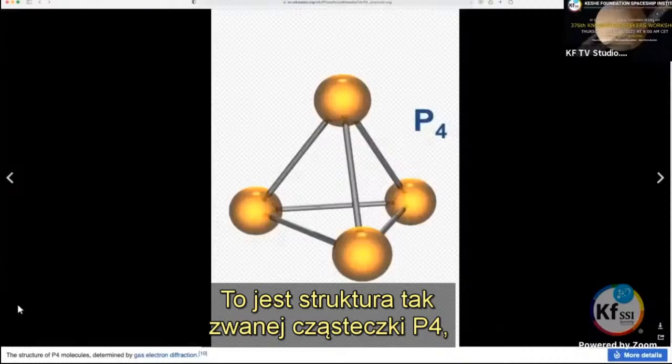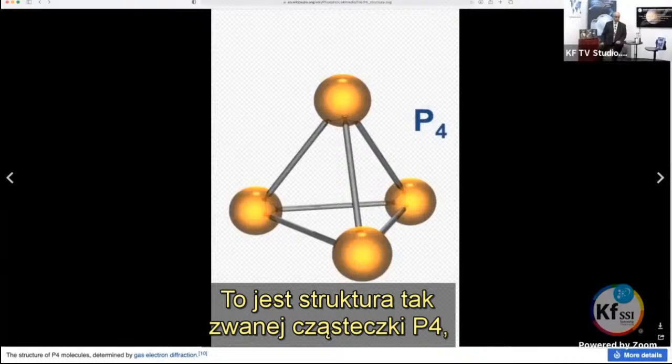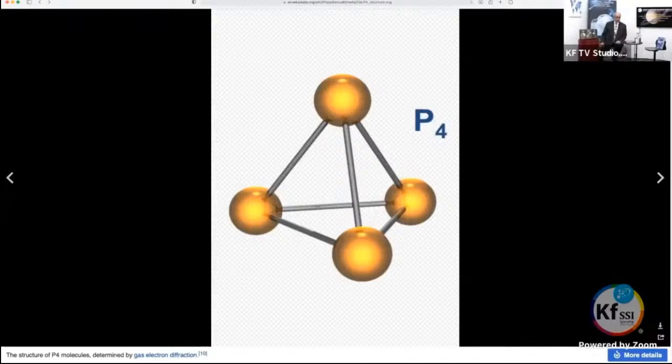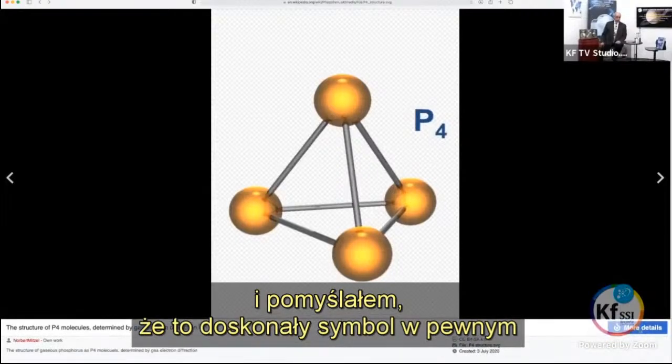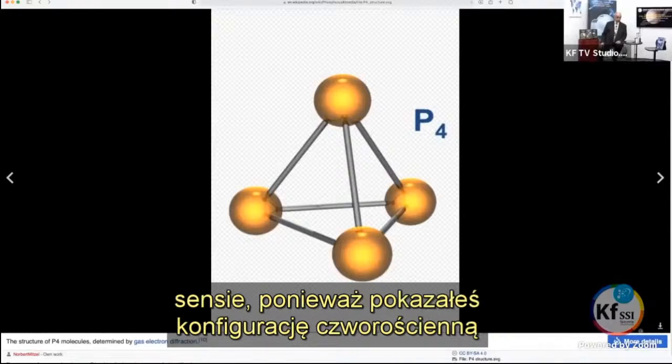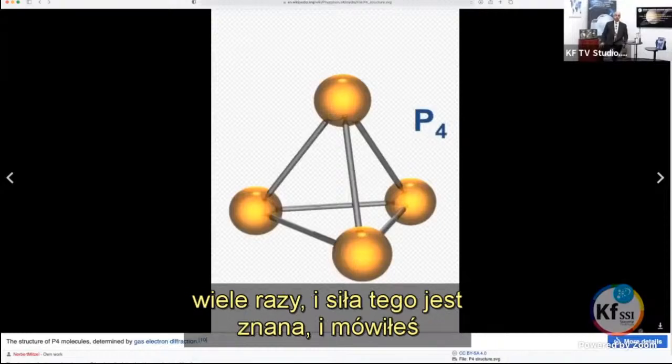So this is the structure of what's called the P4 molecule, which is phosphorus 4. It's the gas. I thought it was a perfect symbol in a way, because you've shown the tetrahedral configuration many times, and the power of that is known.